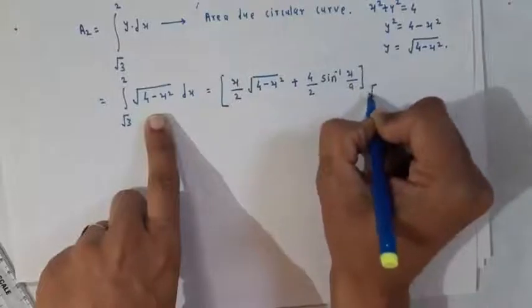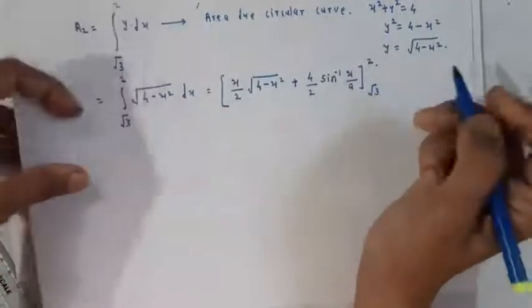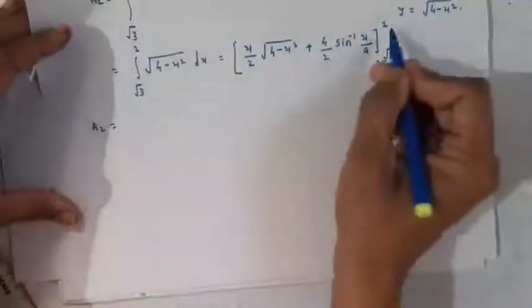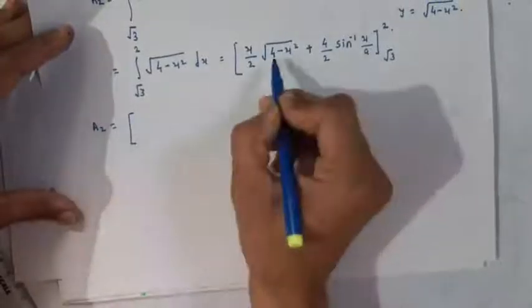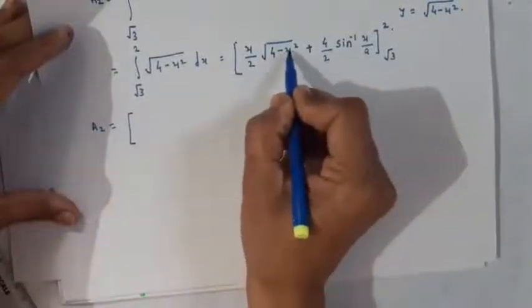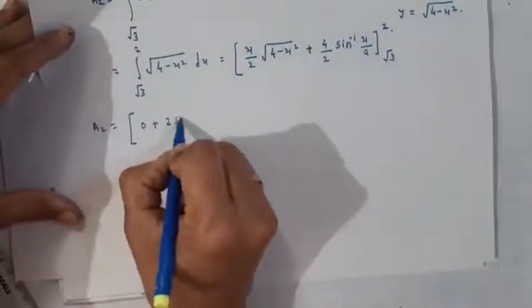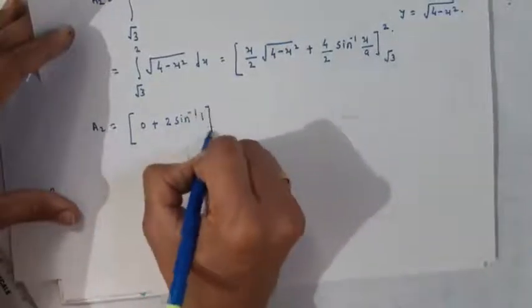Limits of integration root 3 to 2. Now area A2 equal to, put the upper limit 2: 2 by 2 is 1, times square root of 4 minus x square, that is 4 minus 4 which is 0, plus 4 by 2 which is 2, and sine inverse of 2 by 2 is 1.